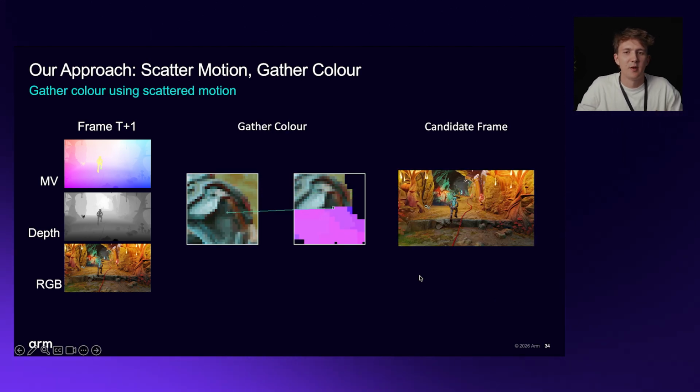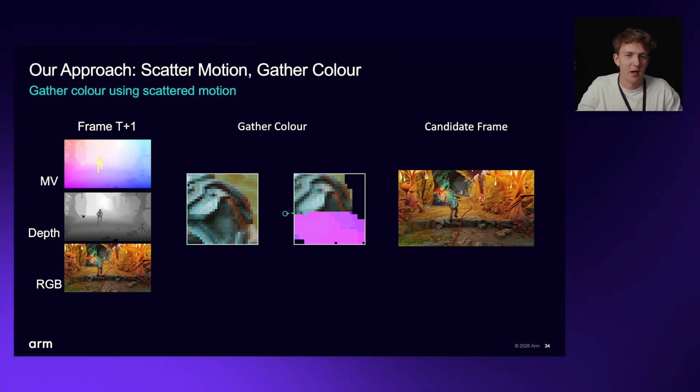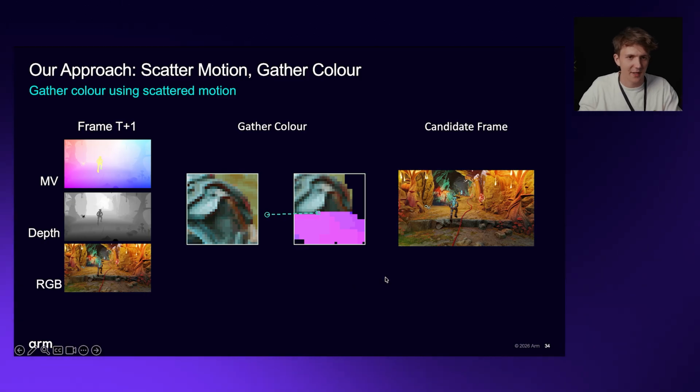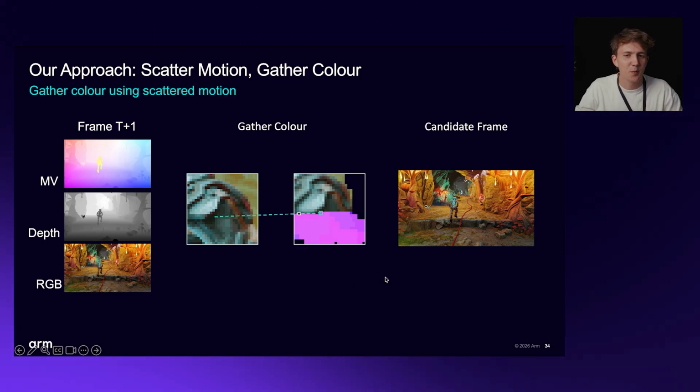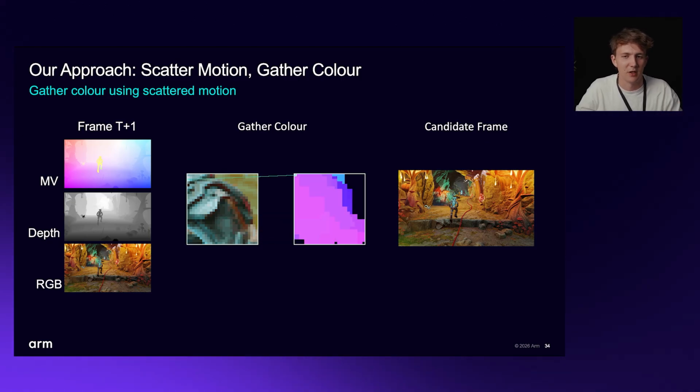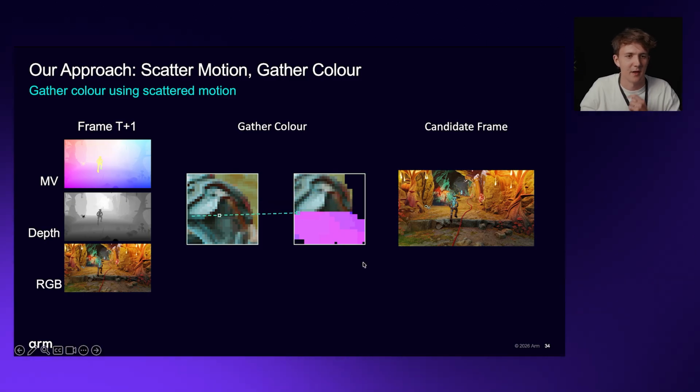So once the motion field has been scattered and filled, we then gather the color. A gather is a little bit different to a scatter. For a gather, we iterate over the motion vectors at T that we've scattered and filled. For each pixel, we read the motion vector and then we sample the RGB color from the corresponding location. We repeat this across the image to build the candidate frame.